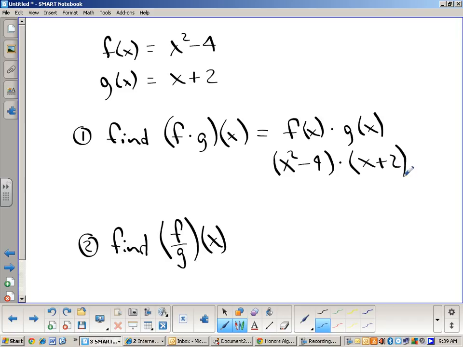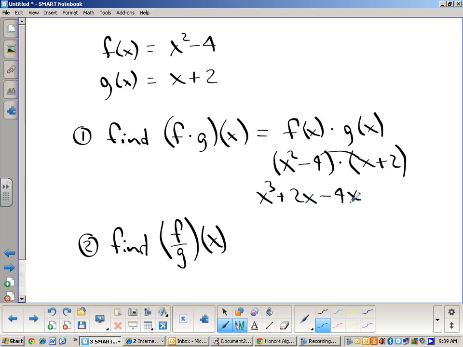Would you just FOIL it? I would, yeah. In this case, I would simply FOIL these two. x squared times x is x cubed. x squared times 2 is plus 2x squared, not just 2x, my bad. And then negative 4 times x is negative 4x.